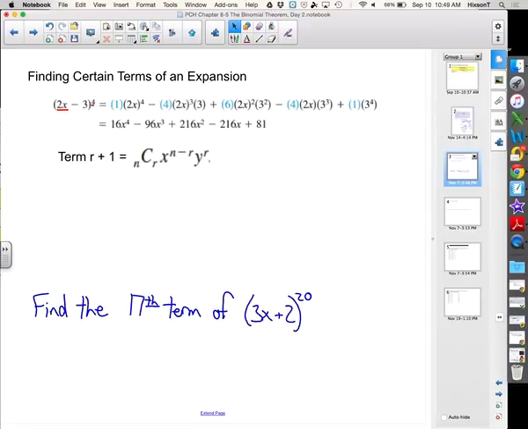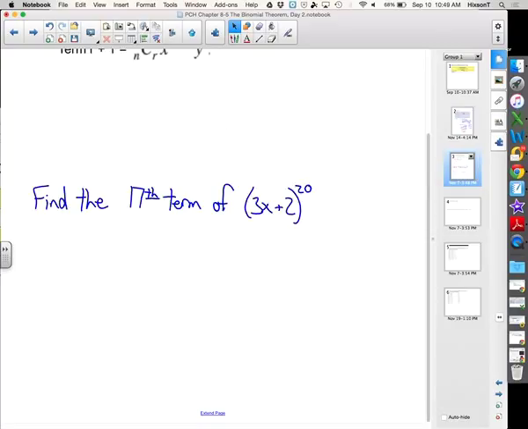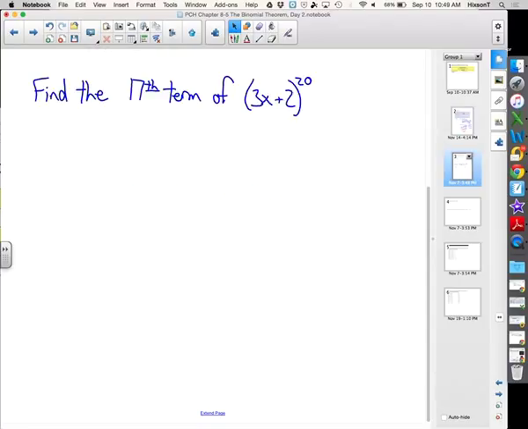So, let's try one here, and I'll warn you, you're going to get a very big number, so that's okay. It's like in the trillions. But let's say we only wanted the 17th term of the expansion, 3x plus 2 to the 20th. Okay?